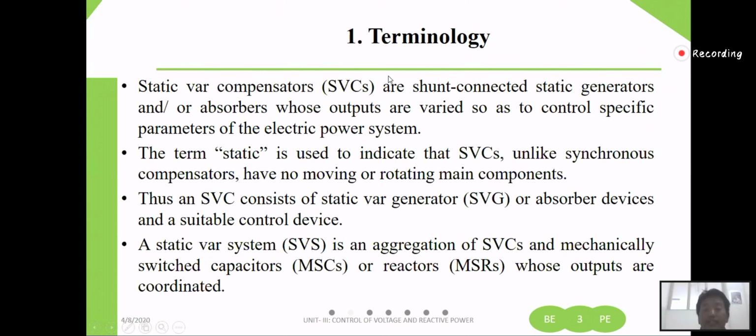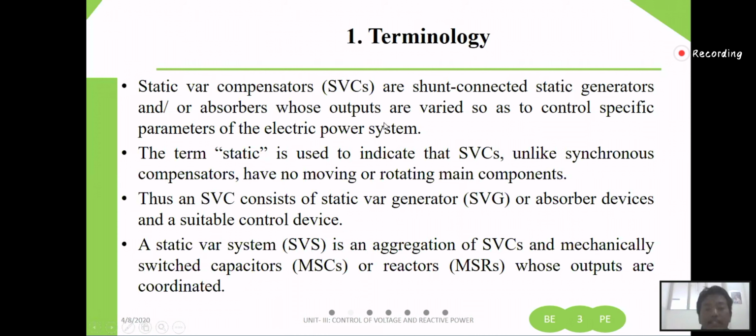Earlier, as you might remember, the shunt reactor has to absorb reactive power, whereas the shunt capacitor has to supply it. You have to know that. But here we call the SVC active because whenever required, it will generate reactive power, and whenever reactive power needs to be absorbed, it will absorb it automatically based on the condition of our electrical power system.